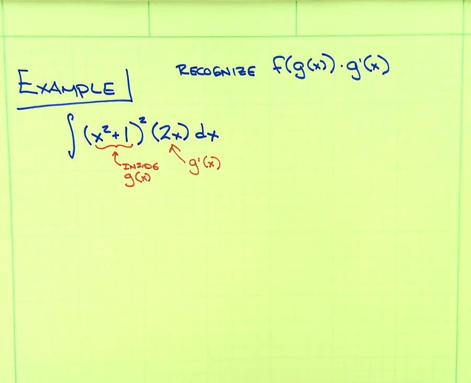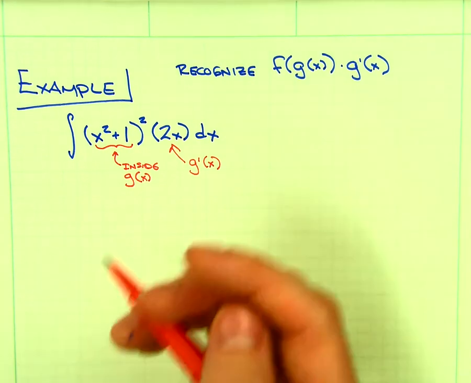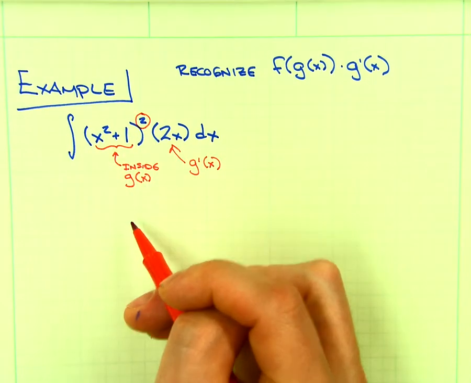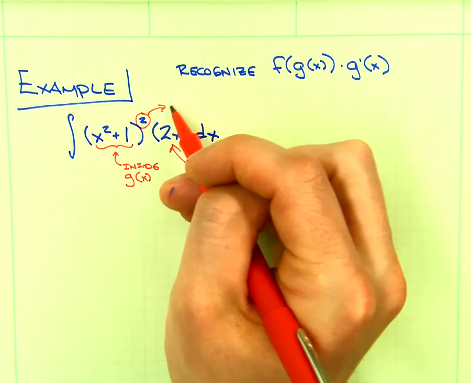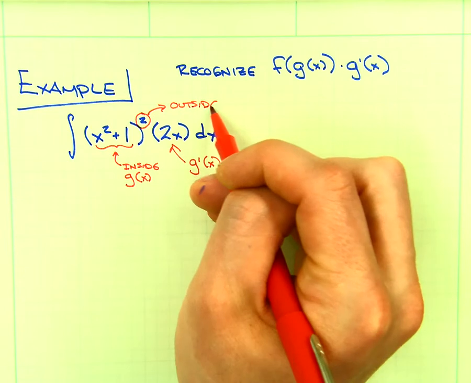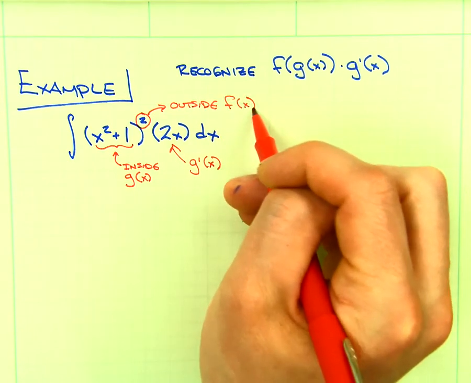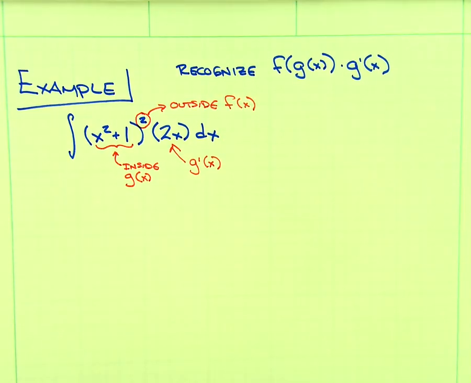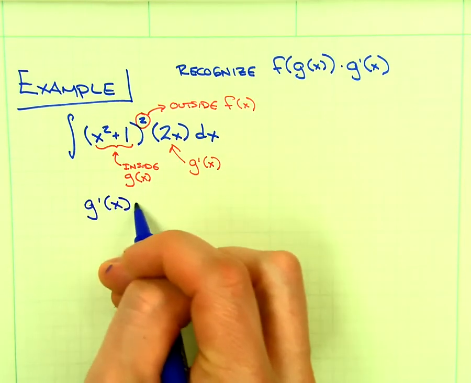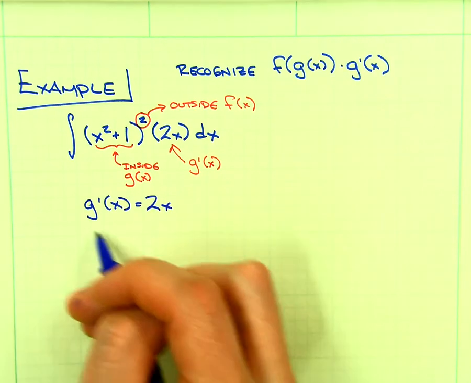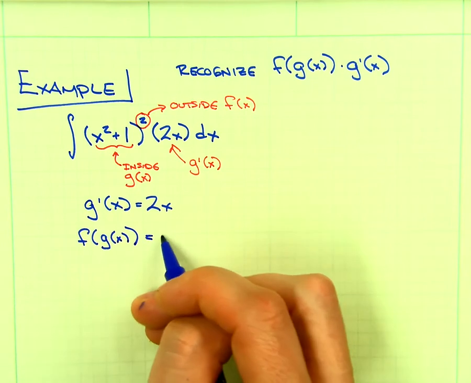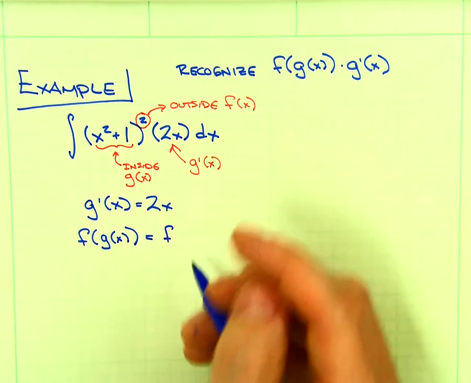That's nice. Now, once I have those two peeled away, I recognize that my outside function is this squared term. So it's something squared. This is the outside function, and this is f of x. If I'm going to rewrite this in terms of that, I know that g prime of x is going to be equal to 2x, and f of g of x is going to be equal to f of my g of x, which is x squared plus 1.